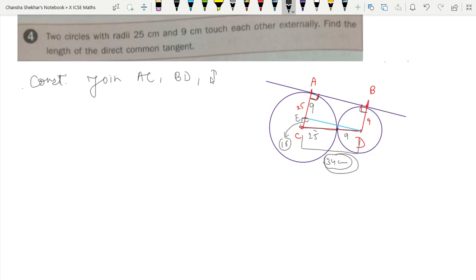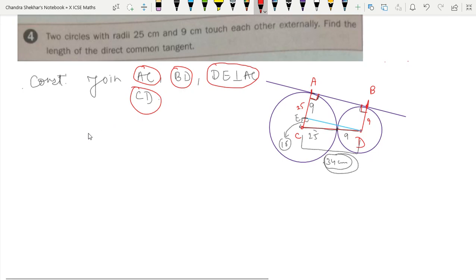Okay, I'll draw DE, DE perpendicular on AC. Fine. And also join CD. So these are the three things we will do: AC, BD, DE perpendicular on AC, and join CD. All of these have to be done.